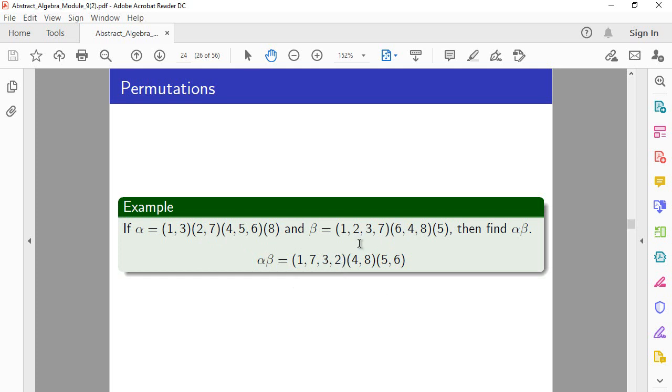And then 2 goes to 3 here, 3 goes to 1 here, so 2 goes to 1, so we get this cycle (1 7 3 2). The element that's missing here is 4, so we start with 4 again and we repeat the process. So you can see that alpha beta can be expressed as a product of disjoint cycles, where we have 3 cycles here.